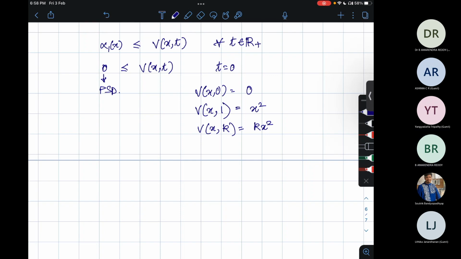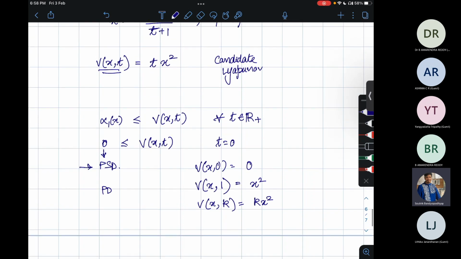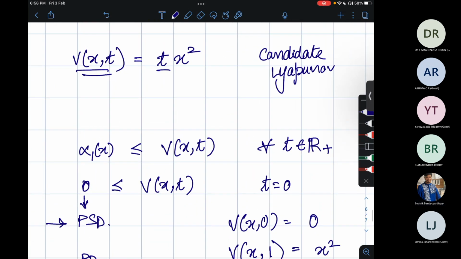So this is not a valid Lyapunov function for this problem, because the lower bound must be positive definite and not positive semi-definite. So this Lyapunov function over here doesn't work.